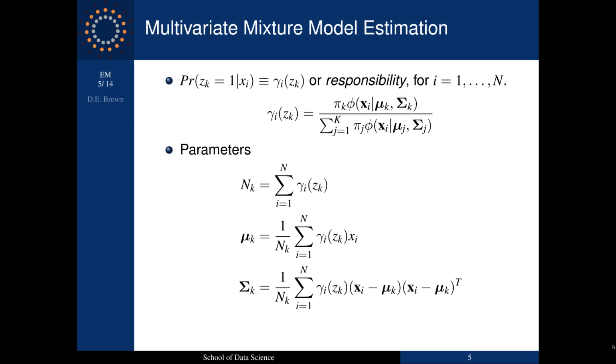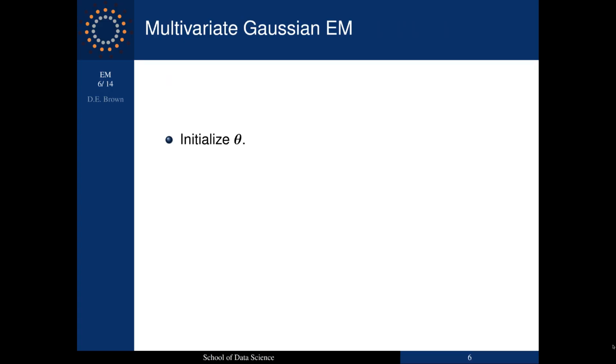And so that outer product then is going to give us the sum of squares. We're going to weight it by the responsibilities, and that'll give us a way to find the average when we divide by the number of observations per component. And finally, we can simply find the mixing probabilities, pi of k, by the number of observations in each component divided by the total number of observations.